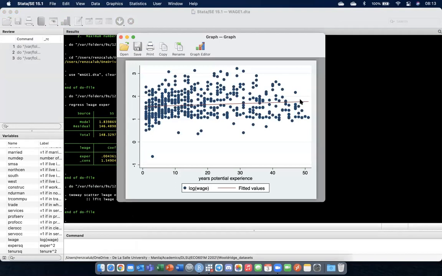It shows you the best line that fits this set of points well. Now, by best fit, we mean that the squared distance between the actual points of y and this line is at the minimum. Hence the term ordinary least squares.